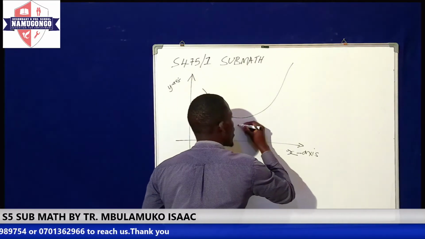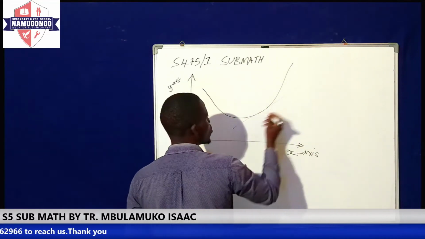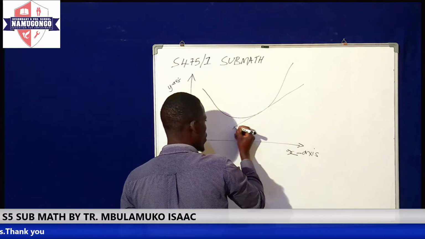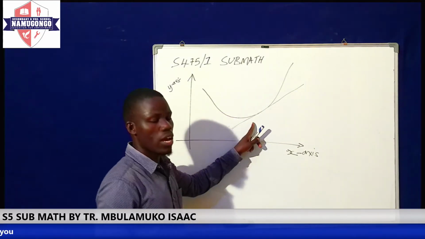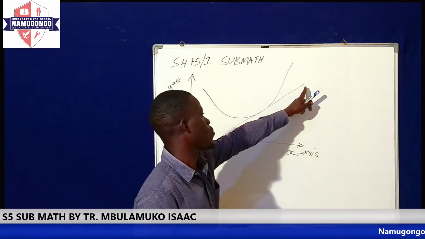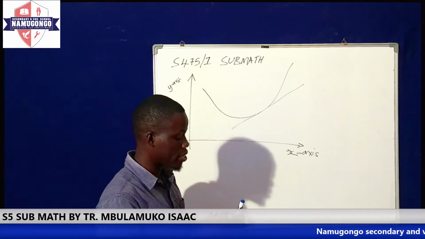Now, you remember in your lower level we looked at gradient, and the gradient of any given line is the change in the y-axis divided by the change in the x-axis.